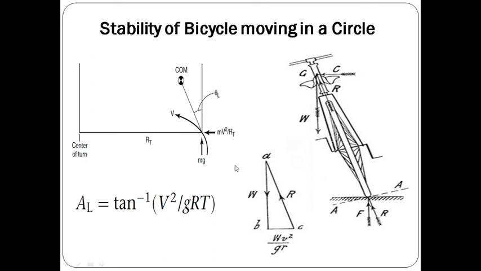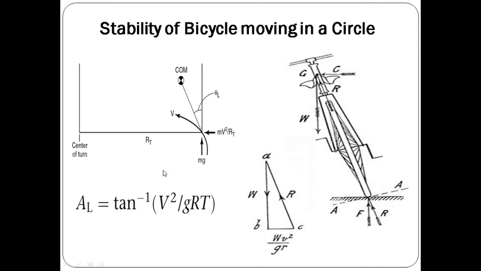This is the bicycle. Now when it's moving in a circle, it slightly leans towards the left or right, depending on the left curve or the right curve, or left turn or right turn. So your center of mass is slightly leaning by the angle theta L.